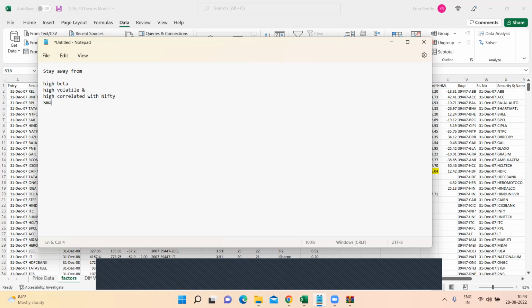Stay away from small cap stocks. You mean small market cap stocks, right? Within the Nifty basket. Within the Nifty. Yeah. Because they haven't returned much, right?